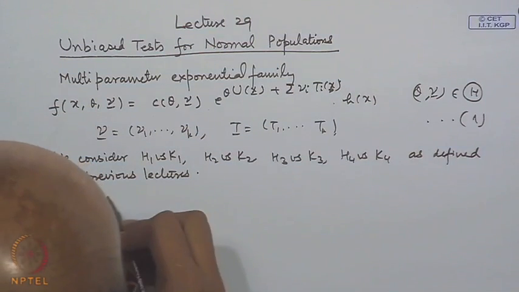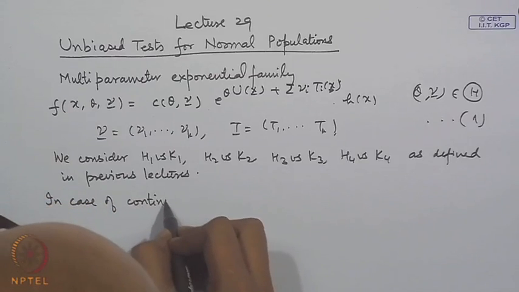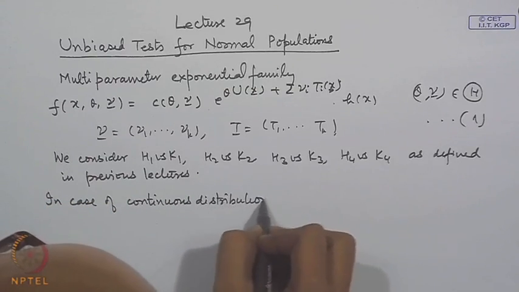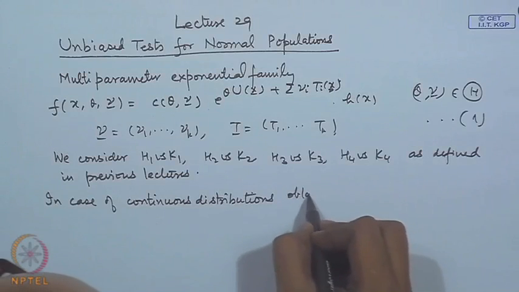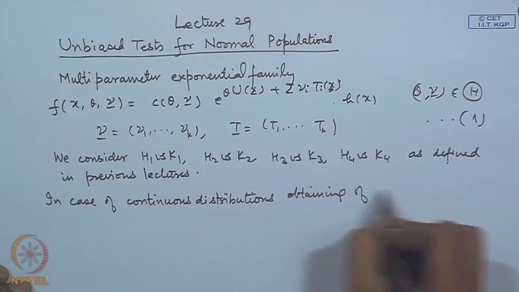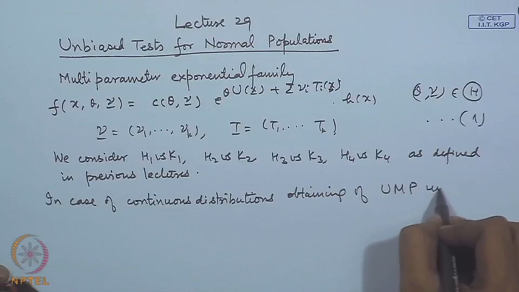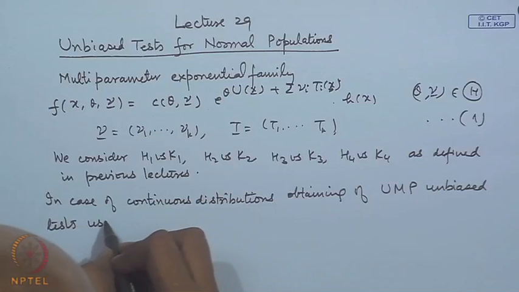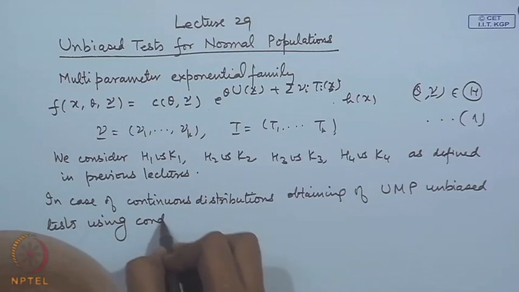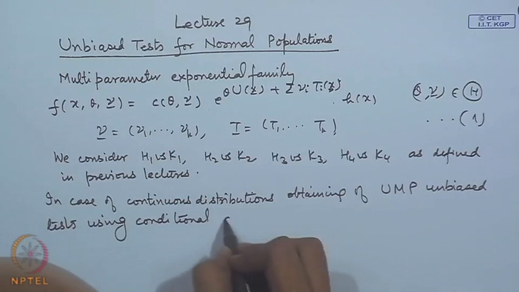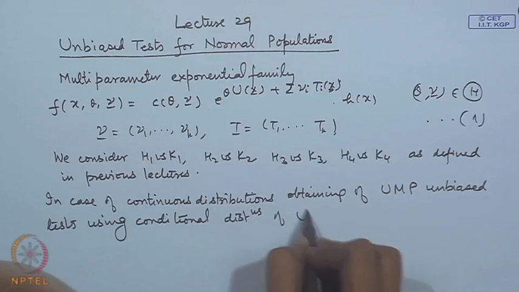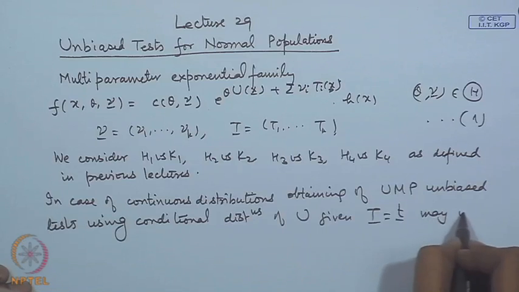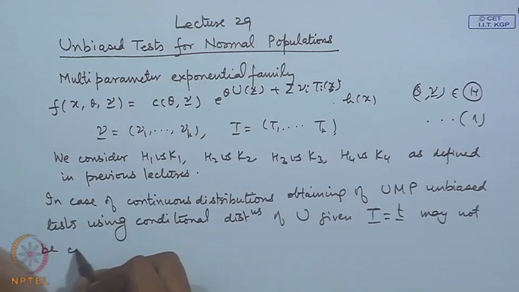In the case of continuous distributions, obtaining UMP unbiased tests using conditional distributions of u given t equal to t may not be convenient.